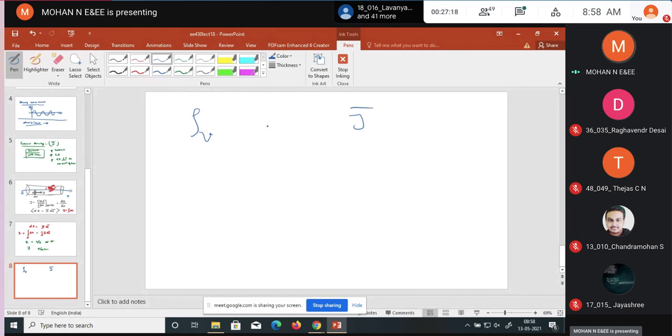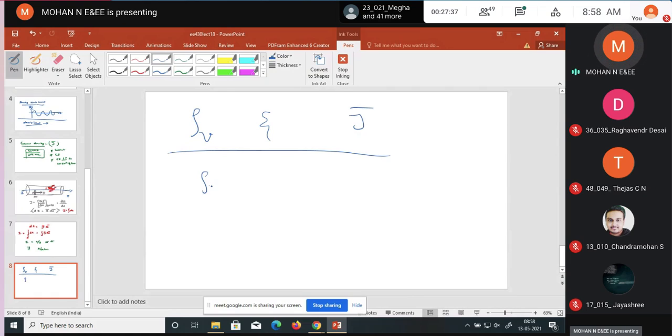We just have to have a relationship between these two. This is volume charge density, and this is current density. By now you should be able to distinguish between the volume charge density and the current density.